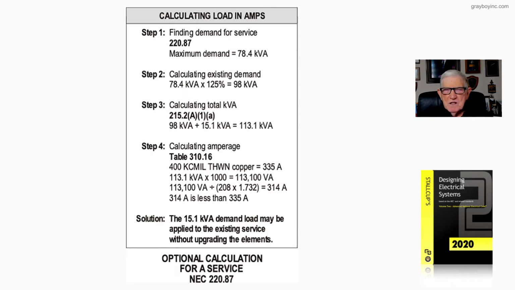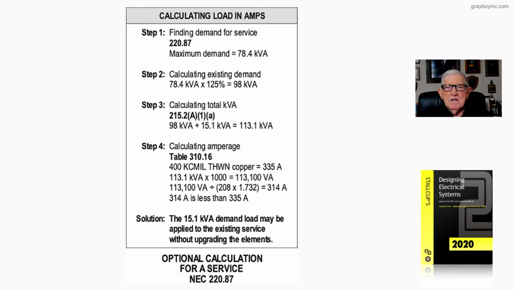314 amps is less than 335, and we can add that 15.1 kVA demand load to the service entrance conductors without changing the service entrance conductors or changing any item in the electrical equipment at all.